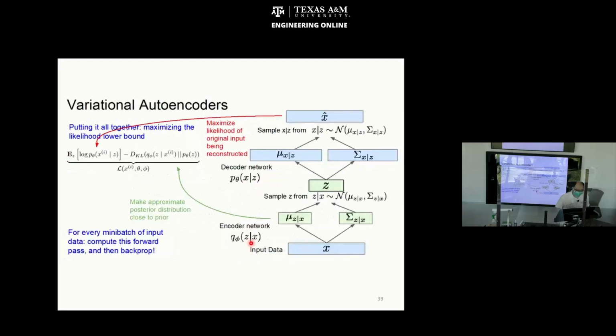Okay? And then let's finalize and put things together. So we have this input data x, going through the encoder network, which gives some kind of distribution with mean and standard deviation. Then we sample z from this model distribution and feed it to the decoder network. These two networks are parameterized by phi and theta respectively.